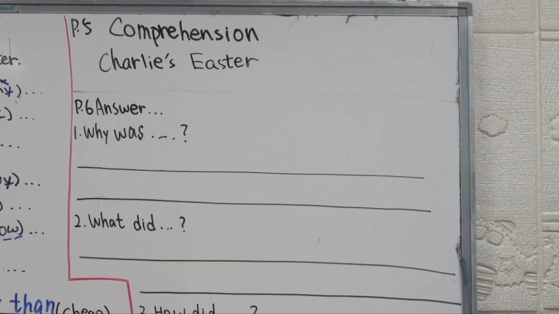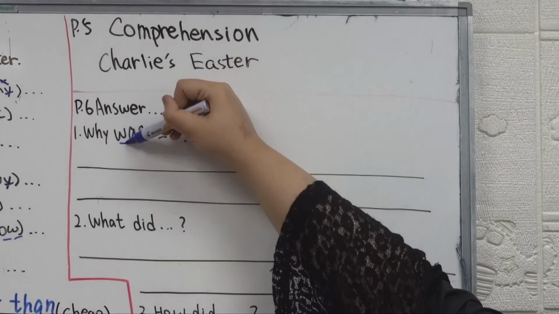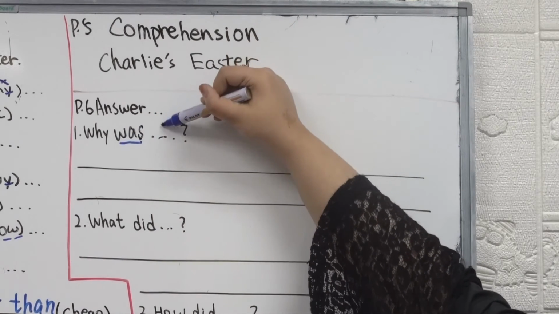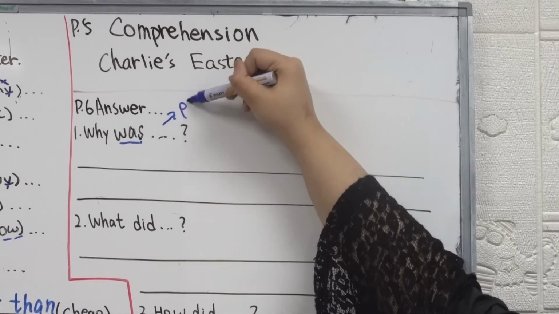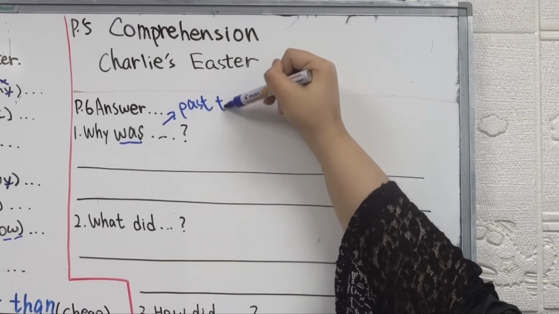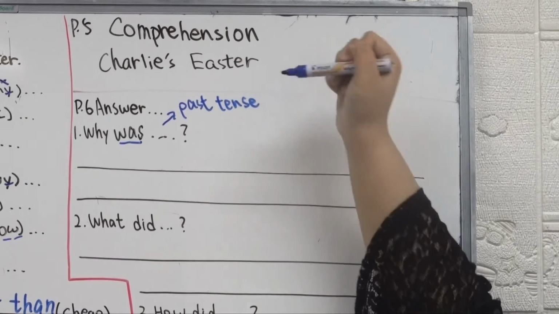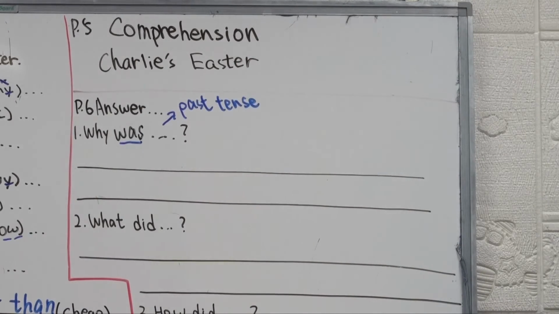Remember, they asked you with was, right? For was, we have to use, what tense is it? Past tense. Okay? So let's figure out. Why was Easter Charlie's favorite holiday? Oh yes, and it's in the first sentence of this comprehension, right? It says Easter was Charlie's favorite holiday.